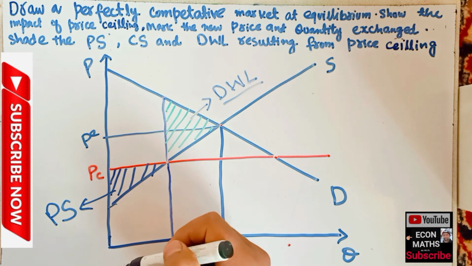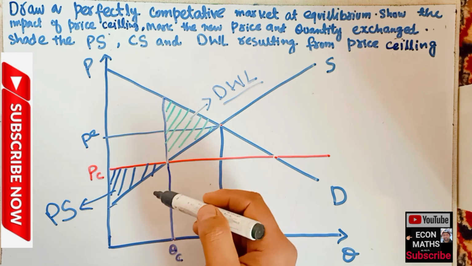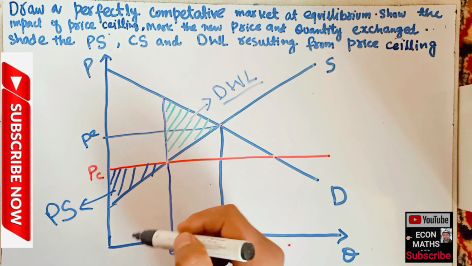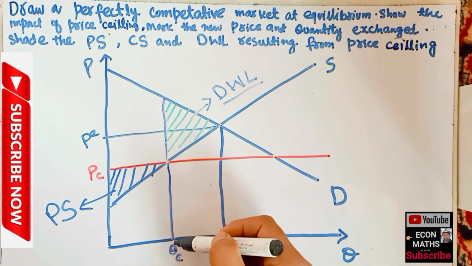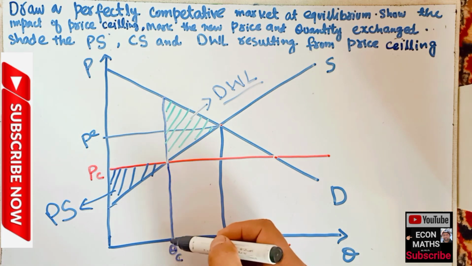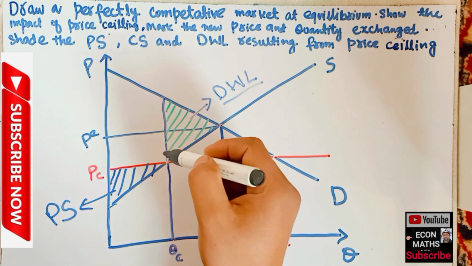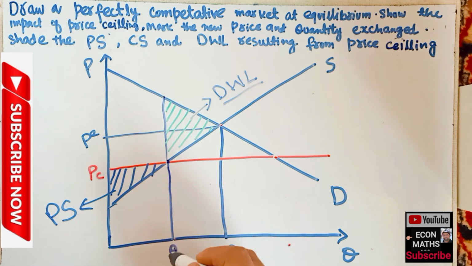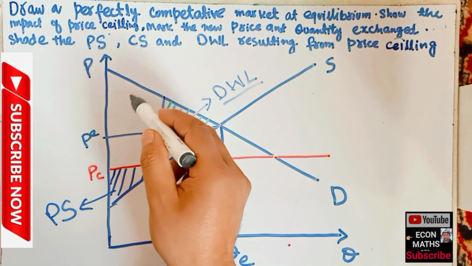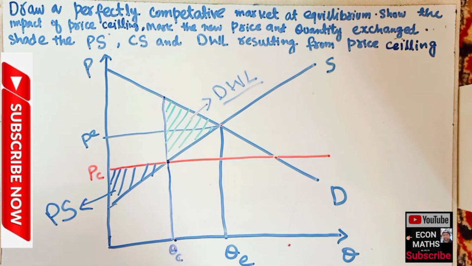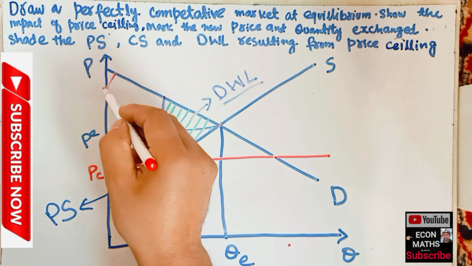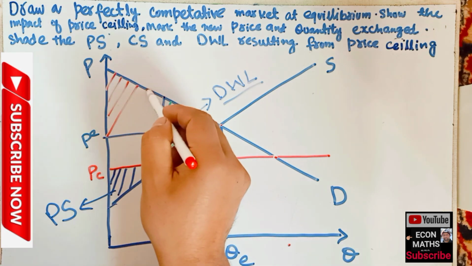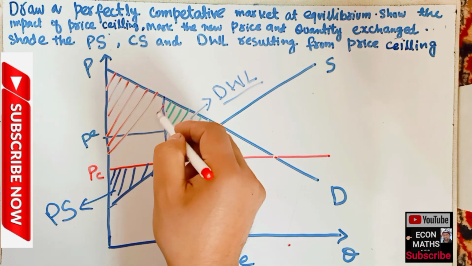Now the area from the price up to the demand curve at the quantity sold is our consumer surplus.